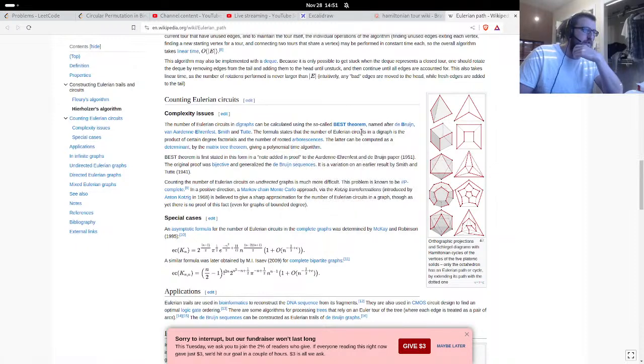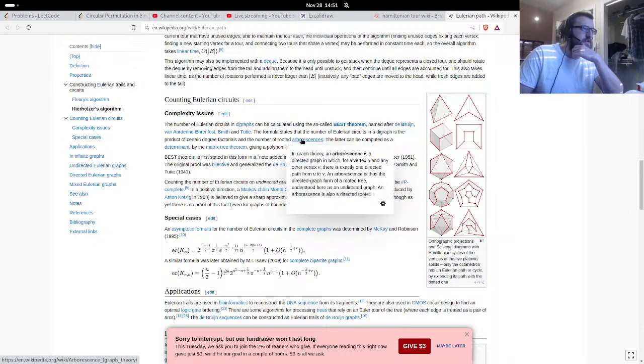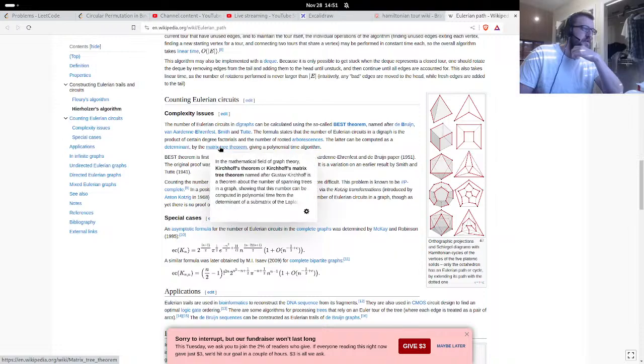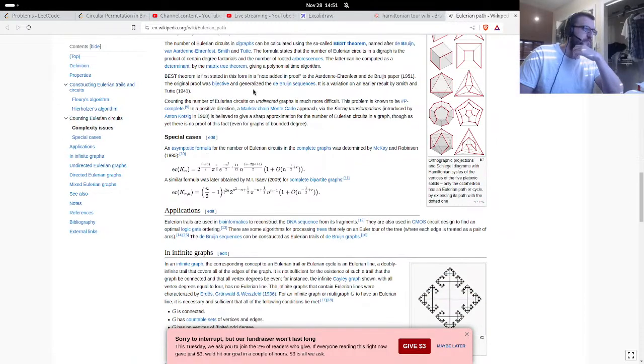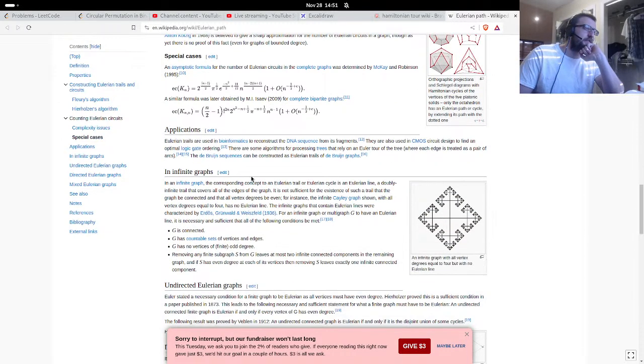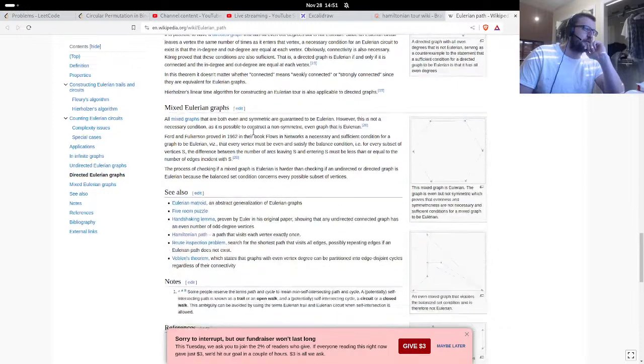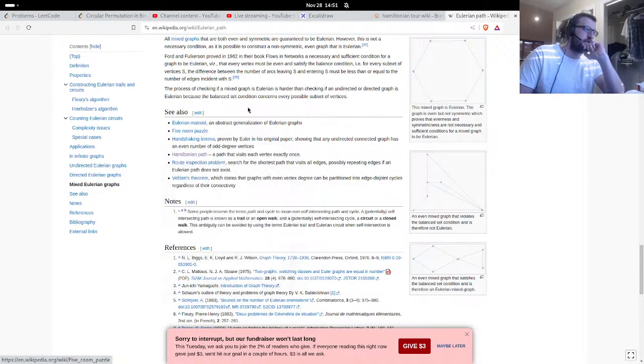Interesting. Product of certain degree factorials and the number of arborescences, which can be calculated using the matrix tree theorem. Anyway, Veblen's theorem.